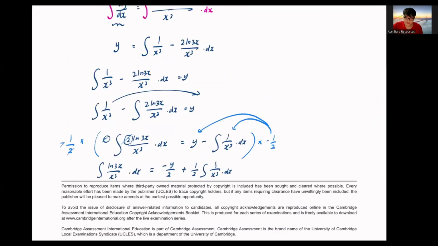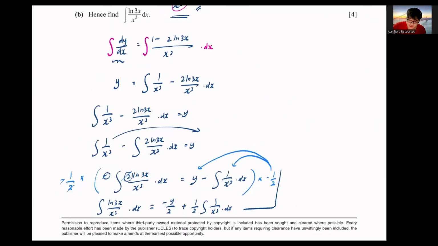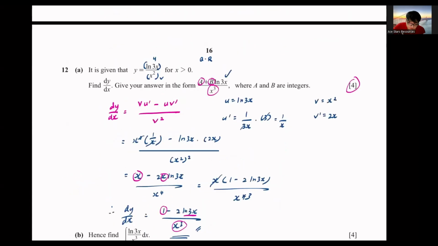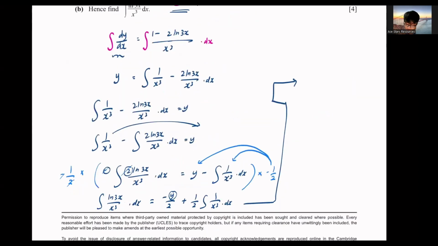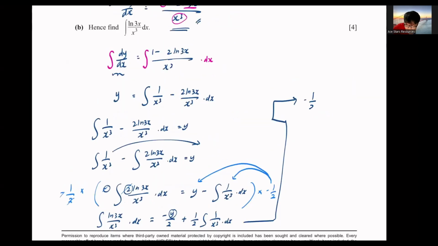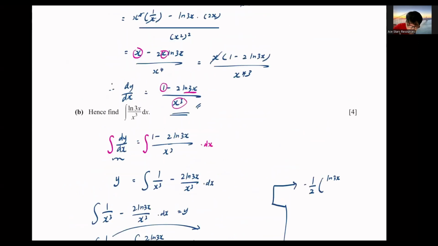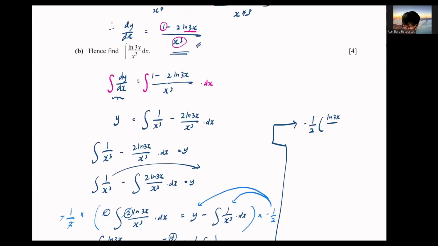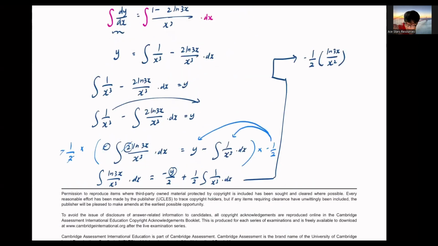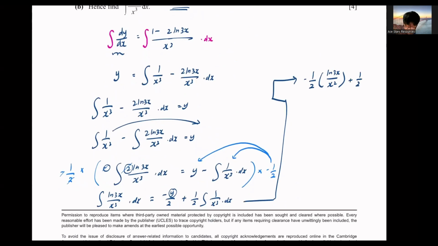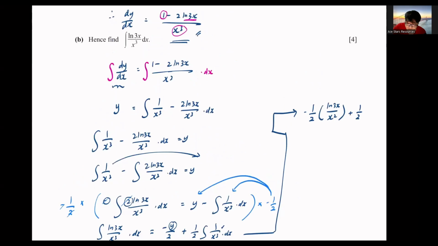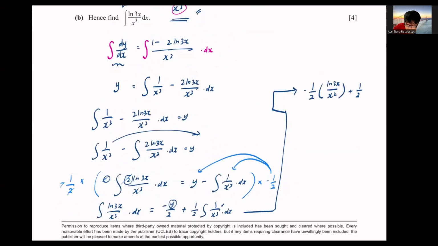Of course not, not yet, but we are close. So this is just y, so you put in what you had initially, negative 1 over 2 multiplied by y, that is ln 3x over x squared, and then plus 1 over 2 times the integral of 1 over x cubed. 1 over x cubed is technically easy to integrate.